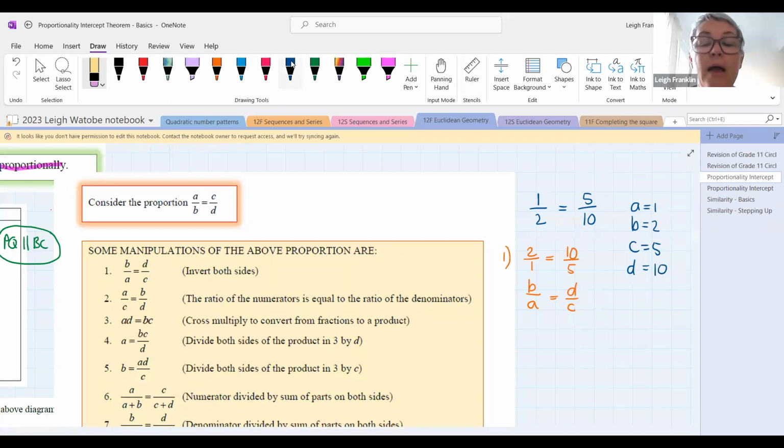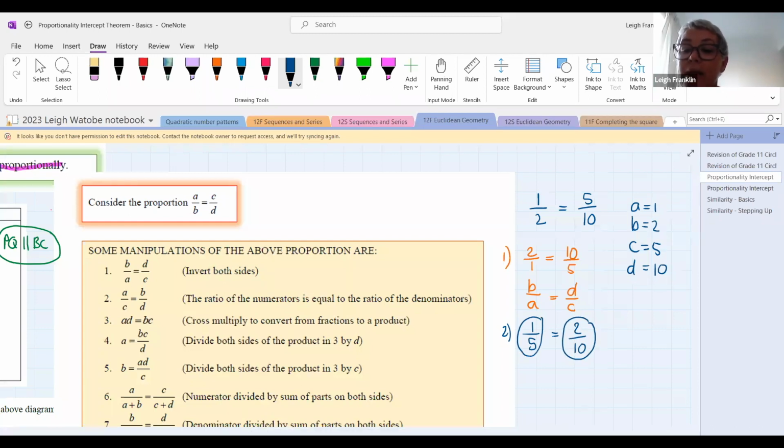Okay. The second thing that I'm allowed to do, all right, is that the ratio of the numerators is equal to the ratio of the denominators. Okay, so in other words here, what I'm saying is this, if I compare 1 and 5, so the ratio of the numerators, so 1/5, it is the same as 2/10. And you see, I'm comparing the numerators. Here I'm comparing the denominators.